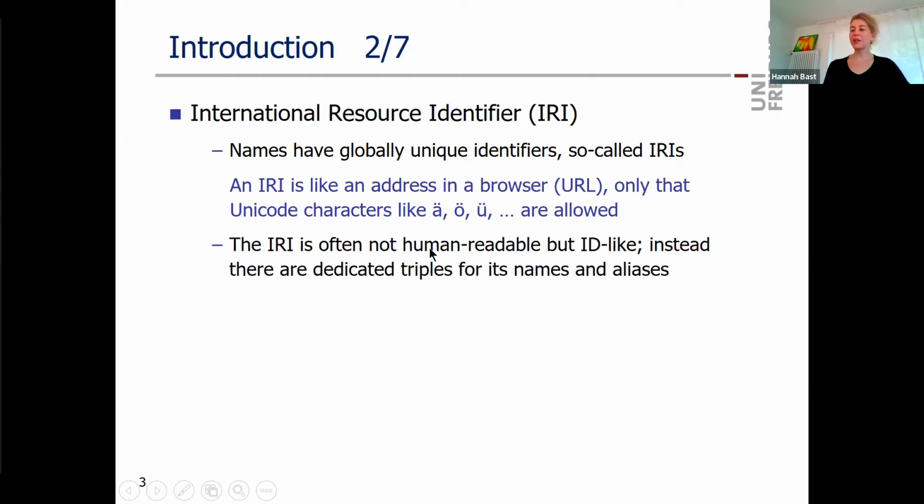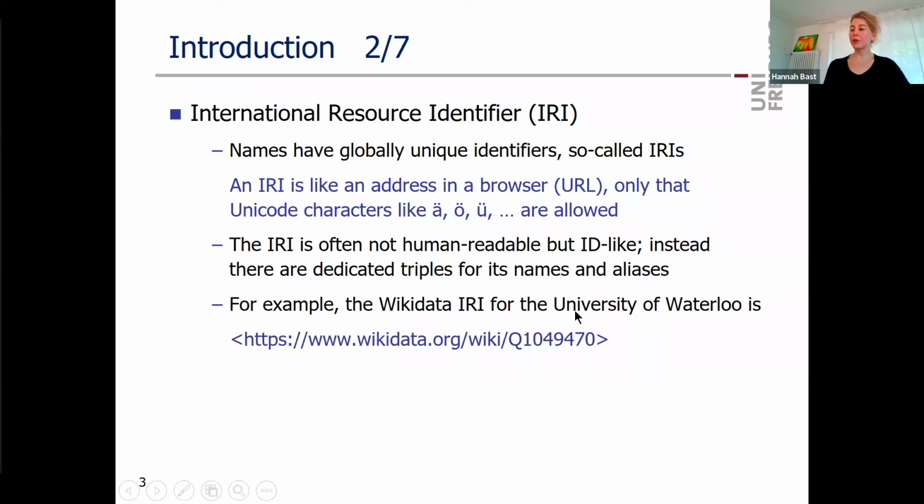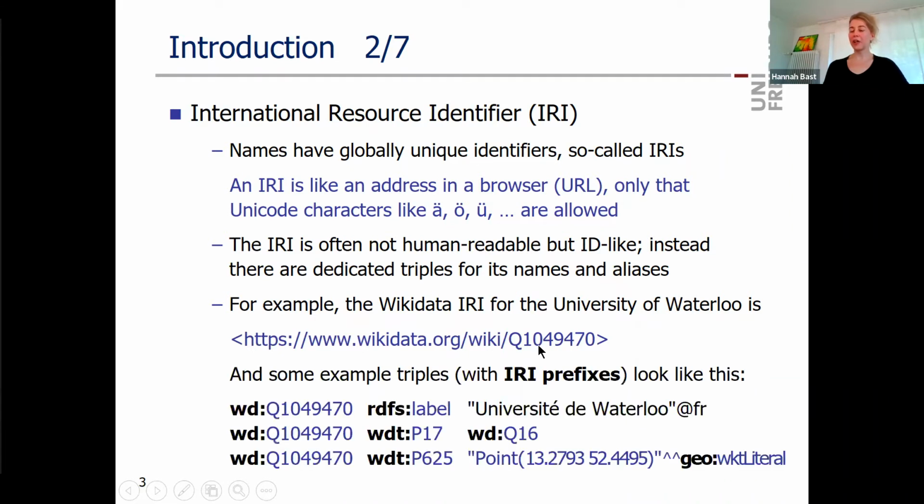Typically the IRIs which you have in knowledge graphs in RDF are not human readable, but they rather look like this. For example, the University of Waterloo in Wikidata, I will talk about Wikidata in a second, has this internationalized resource identifier. And here are some example triples in Wikidata. For example, this thing has a name. So the name is not readable, so you need a predicate to say which name it is.